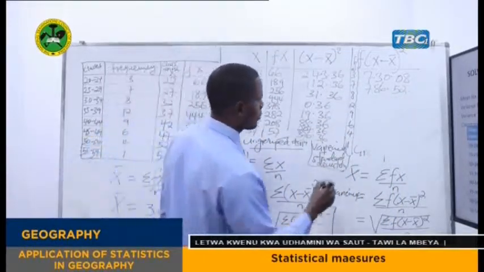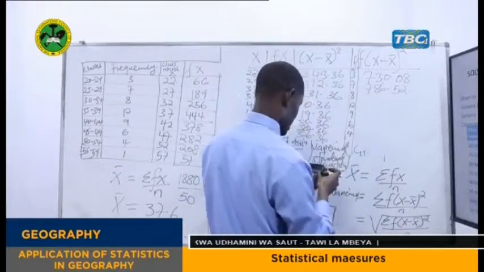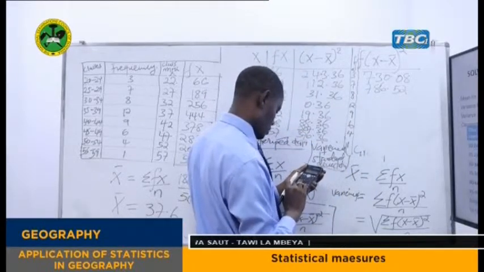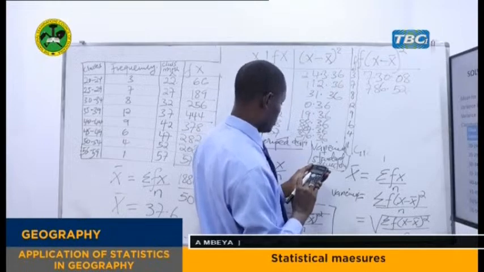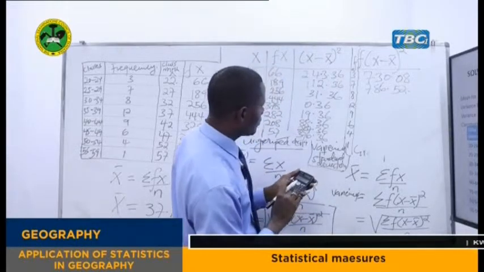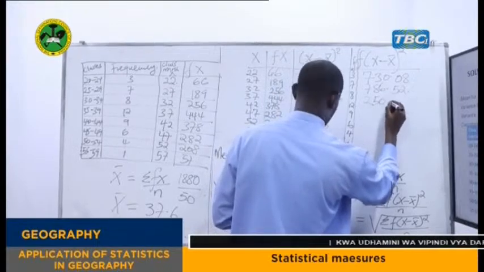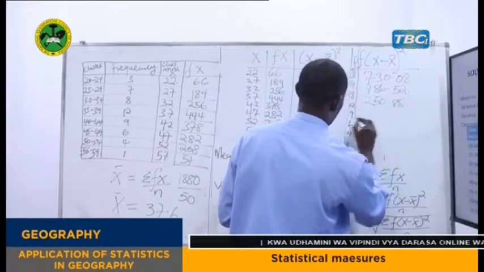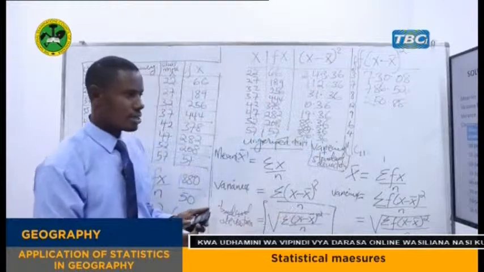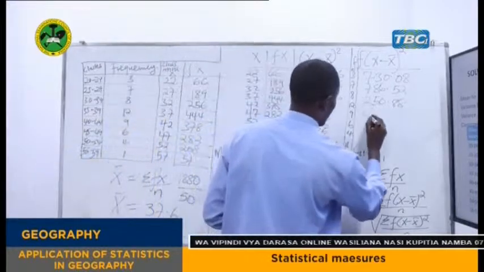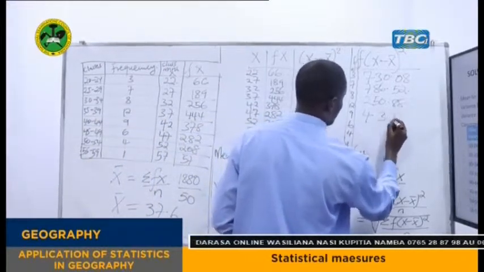Again, when you go to the next one, that is 31.36 times 8, then you come up with 250.88. The next one, you'll come up with 4.32.